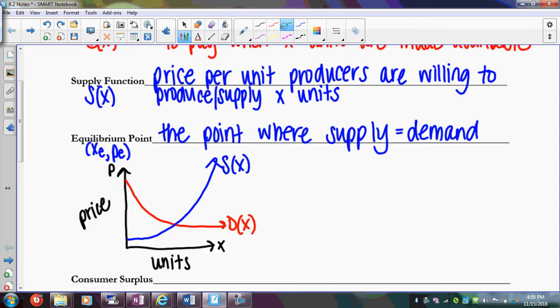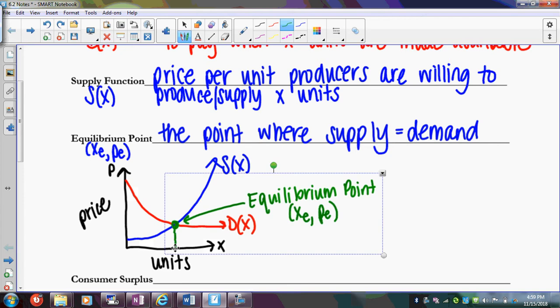And where these two intersect, or where they're equal, this is called the equilibrium point. So again, this is x sub e comma p sub e. So this right here would mean x number of units. And then this would be the price.